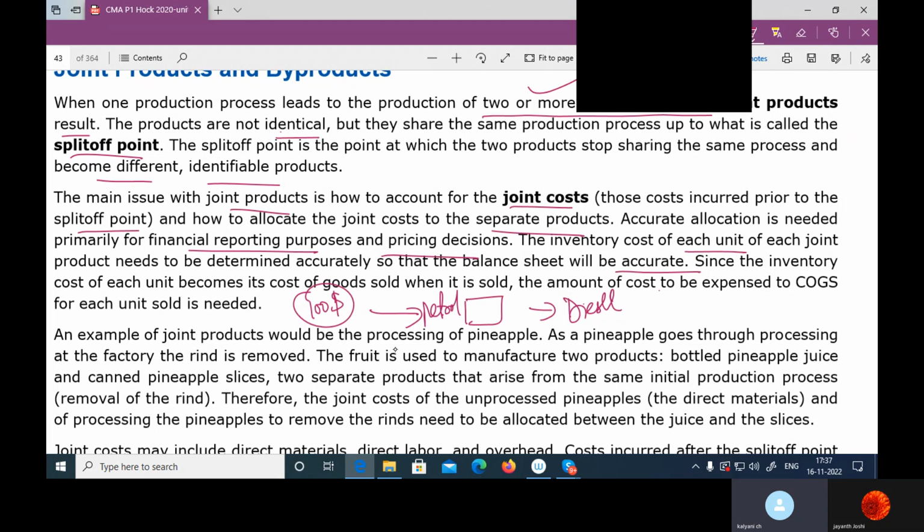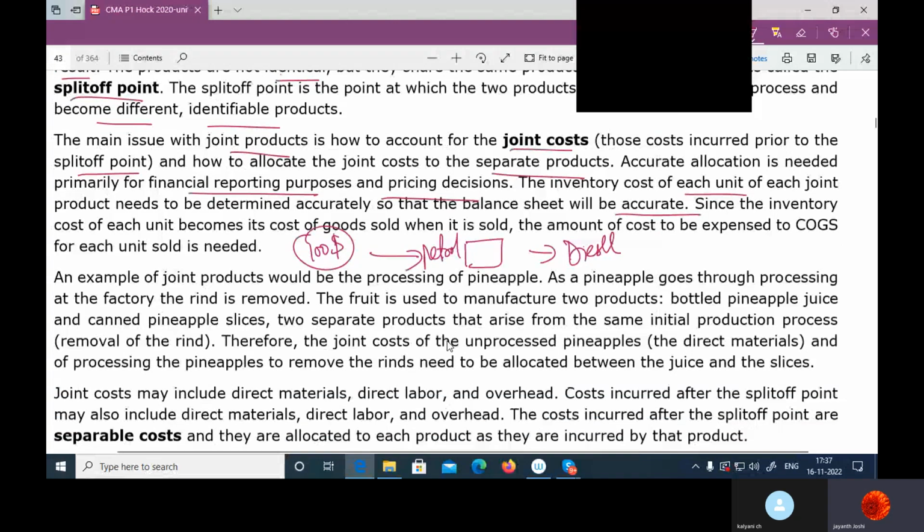So there should be a good methodology so that the accurate cost of the two products can be known, and there will be no problem in accounting and showing them in the balance sheet as inventory. Since the inventory cost of each unit becomes its COGS when it is sold, the amount of cost to be expensed to COGS for each unit is needed. Under COGS we show inventory, so we should know that inventory cost. Am I right?